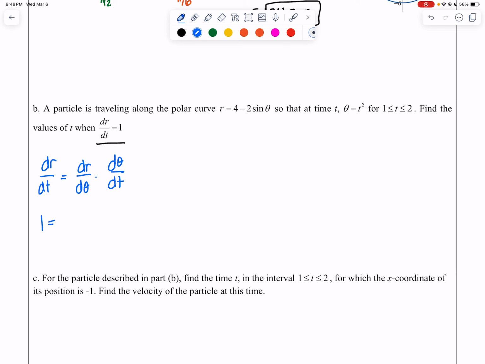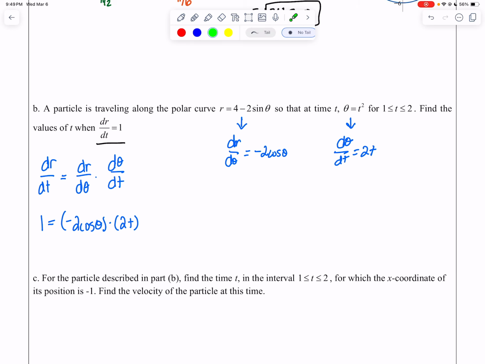I got to figure out what dr/d theta is based off of me taking the derivative. So dr/d theta is equal to negative 2 cosine of theta. And then d theta/dt here, that's going to give us 2t. Okay. This is interesting because I have a theta right here and I have a t right here.